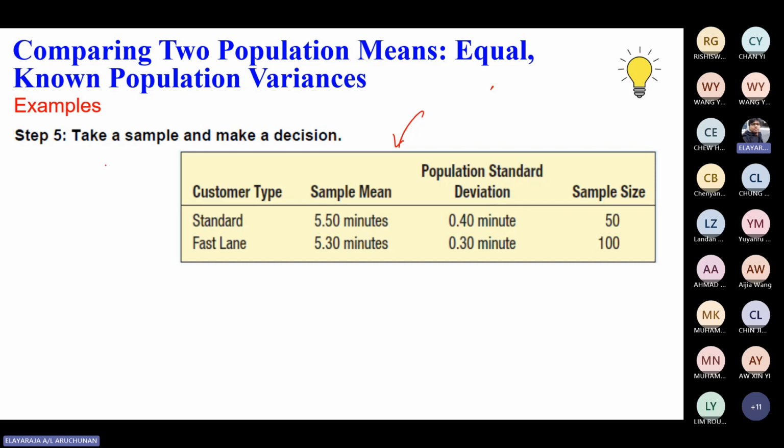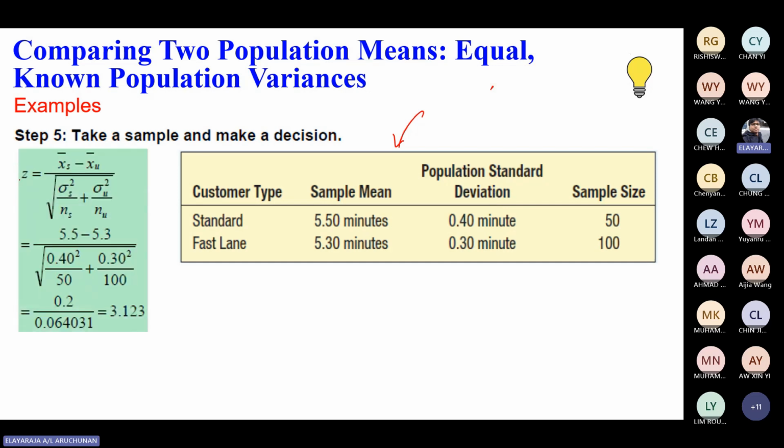We know the formula for the z distribution, which we discussed just now. z equals the mean value of the standard lane minus the mean value of the fast lane. The fast lane sample mean is 5.3, and the standard lane is 5.5.